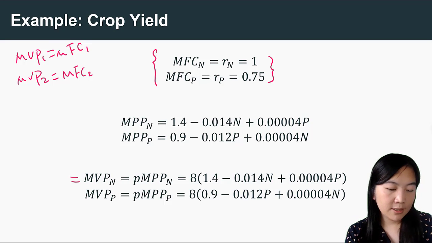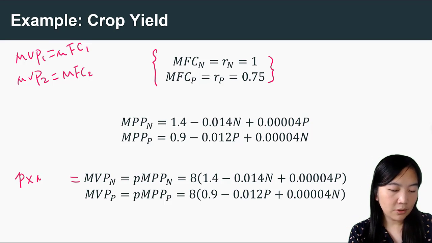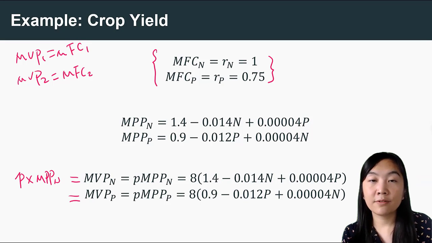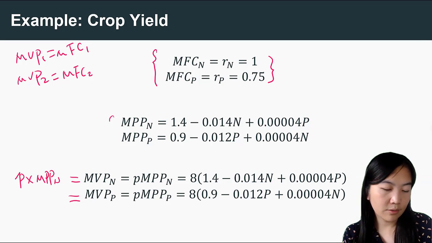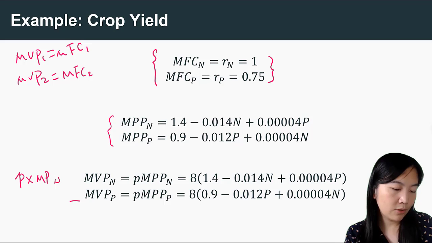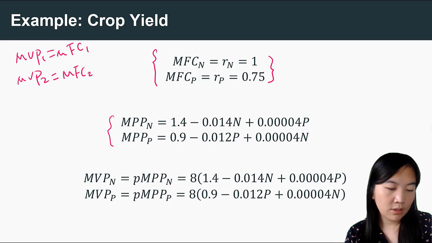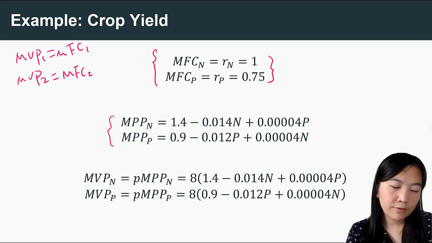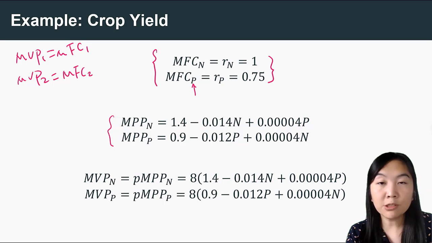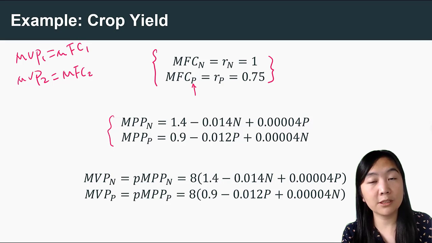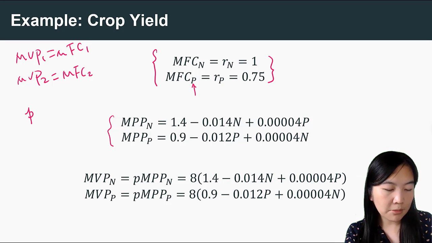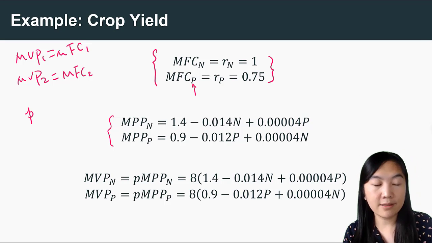Under perfect competition, MVP is equal to P times MPP, so the first step is to find the MPPs. You need to be a little careful here, and I apologize for the notation: capital P means it's for input potash, and smaller p is for output price.